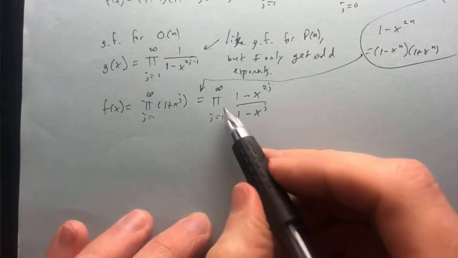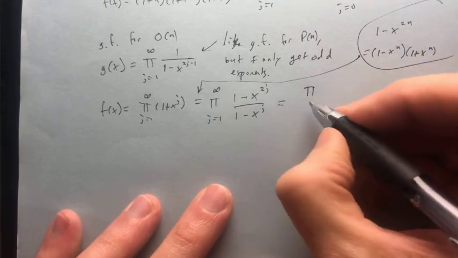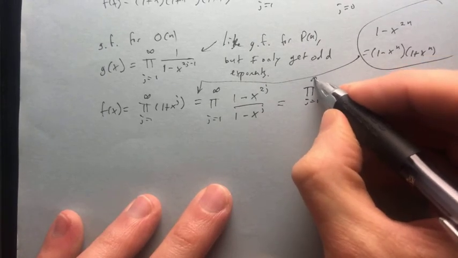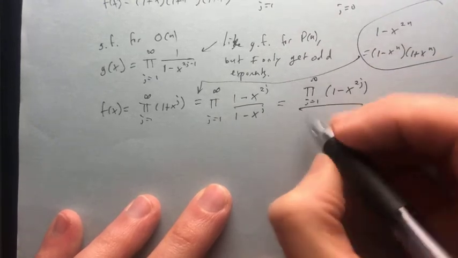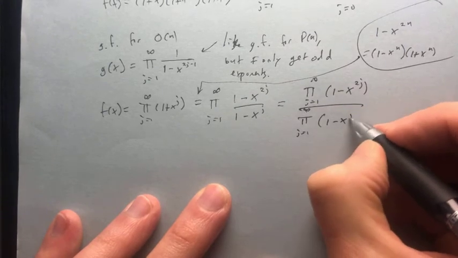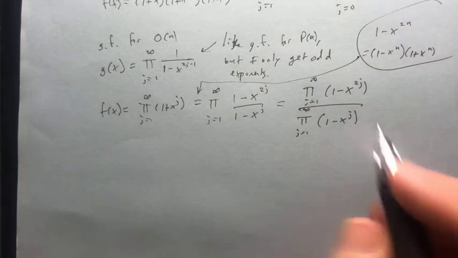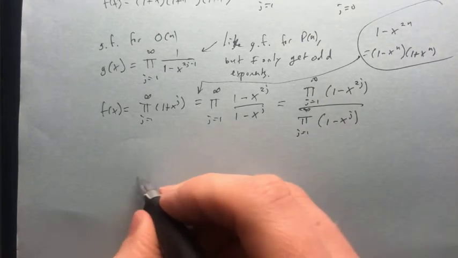So this is a product of factors. I can split the product up to where I have the product as j goes from 1 to infinity of the numerator, 1 minus x to the 2j, over the product as j goes from 1 to infinity of 1 minus x to the j. And what is this? This is every possible exponent of j.